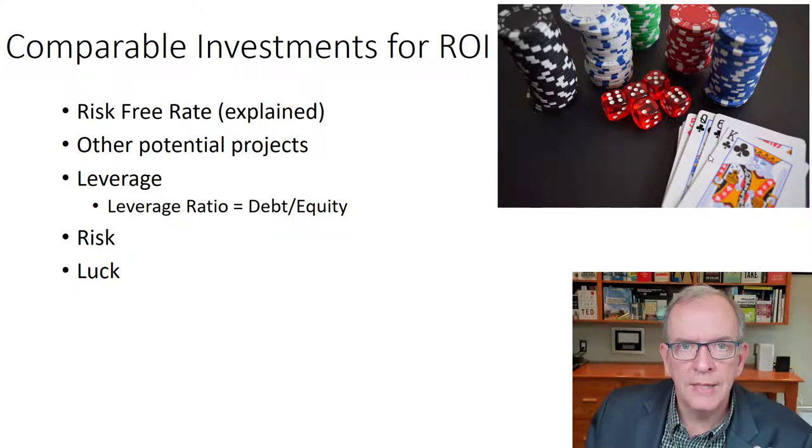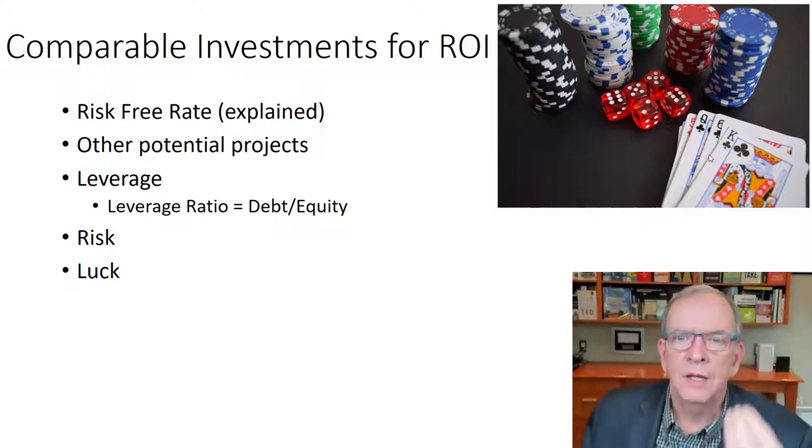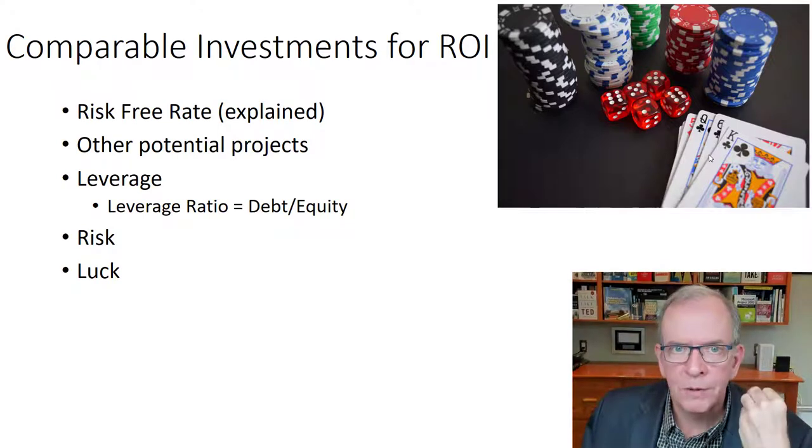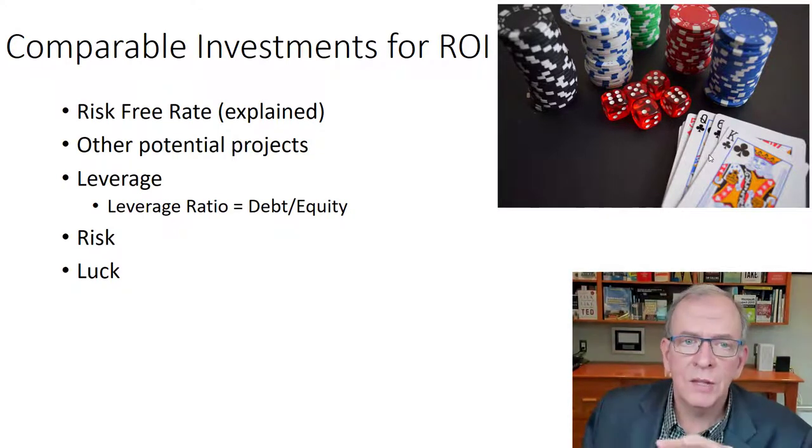If you've got a hand that has a 90% probability of success, it also means 10 times out of 100, it's going to lose. 90 times out of 100, it's going to win, but 10 times out of 100, it's going to lose. Well, if this is the project you took that had a 90% chance of success, you might be caught by the timing. You're in the middle of it, the markets fall, real estate prices drop significantly, and you could be wiped out. So that's another thing that plays.